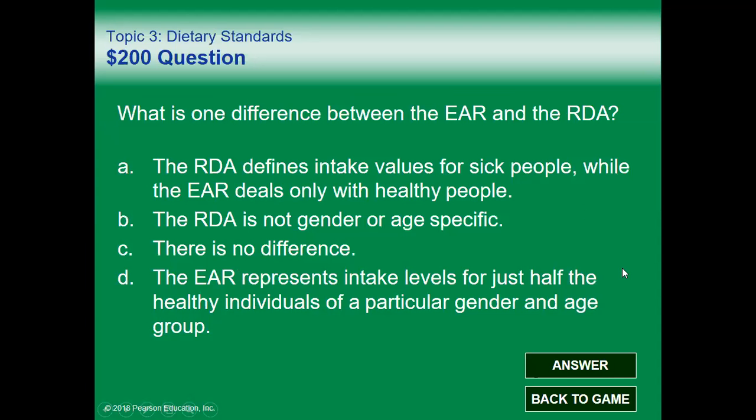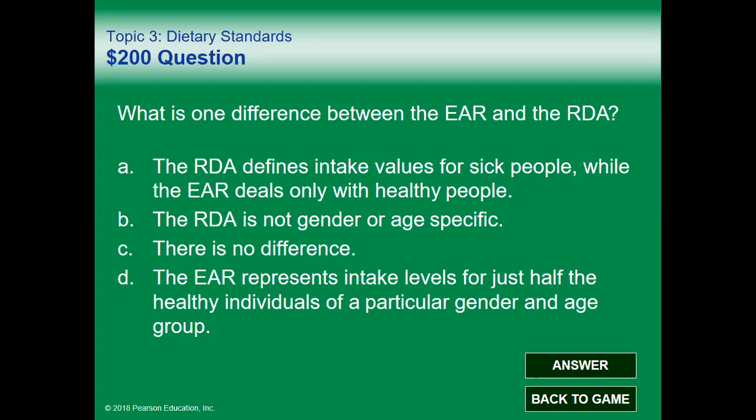What's the difference between the EAR and the RDA? One difference. Okay, here are your choices. A, RDA defines intake value for sick people, while EAR deals only with healthy people. B, RDA is not gender or age specific. C, there is no difference.